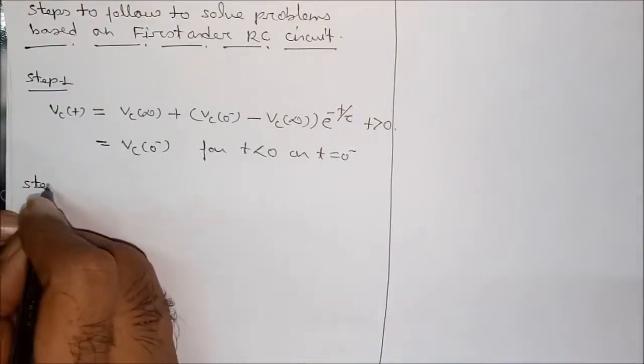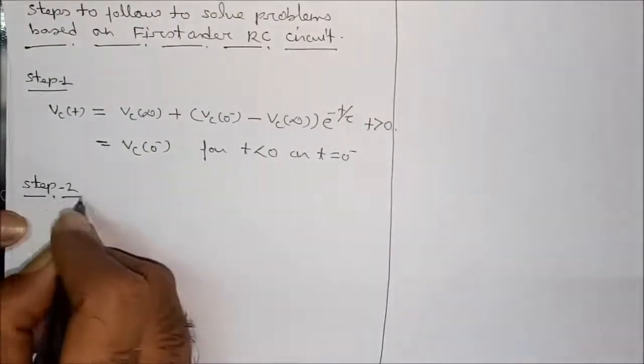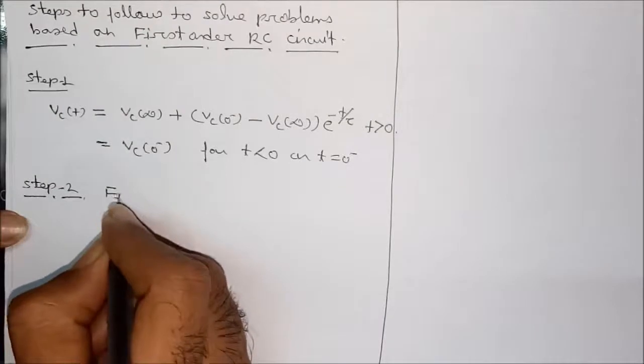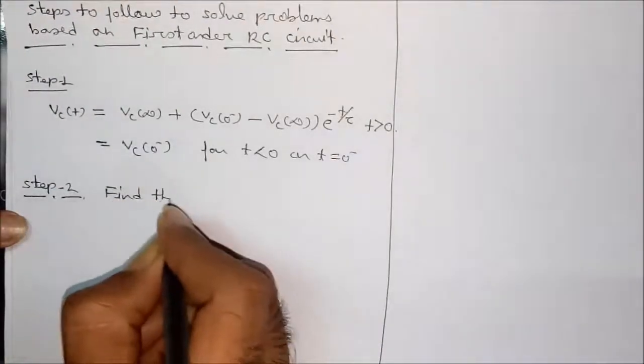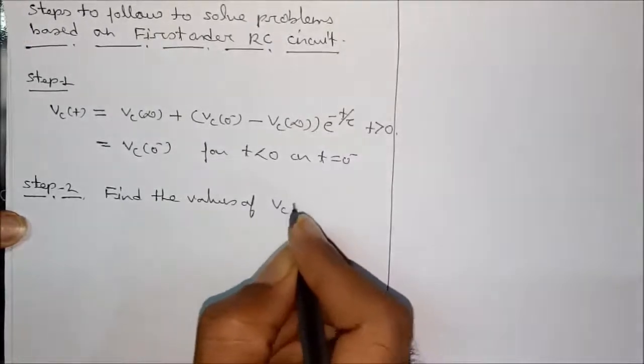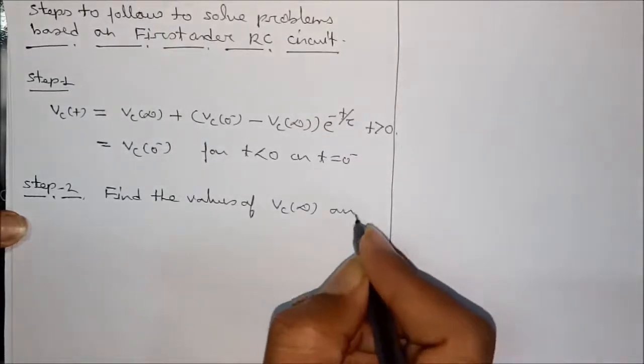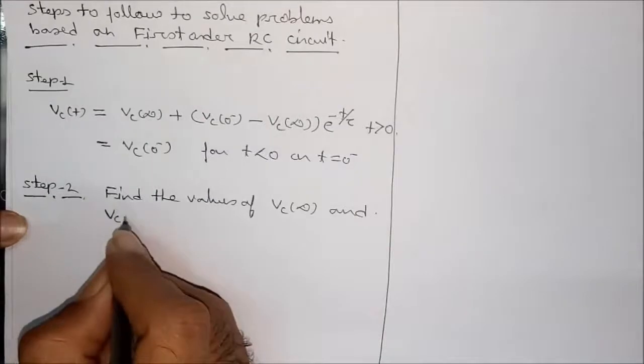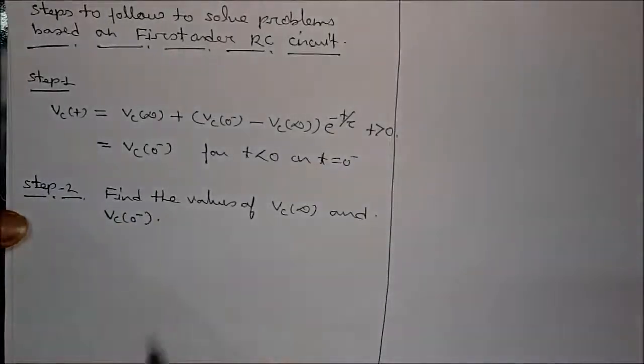Step 2 is to find the values of VC infinite and VC0 minus.